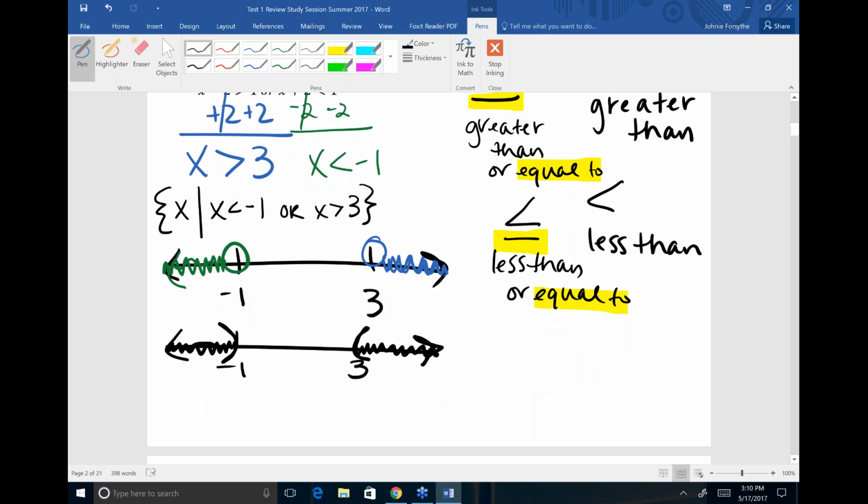The nice thing is that to me, the graph helps you write interval notation easier. So, for example, I'm going to draw a graph again, a number line. This number line represents all the numbers in the real number system, not just -1 and 3.